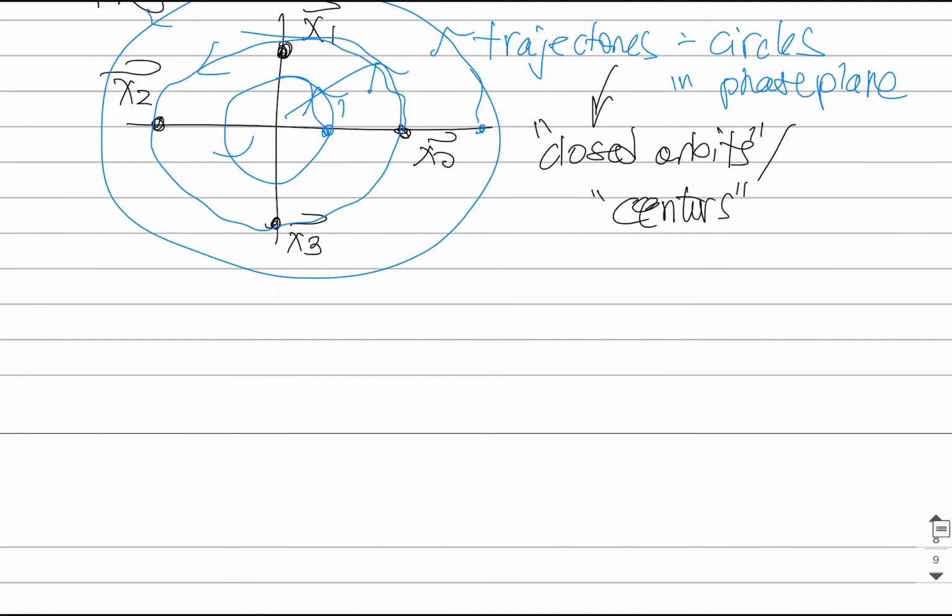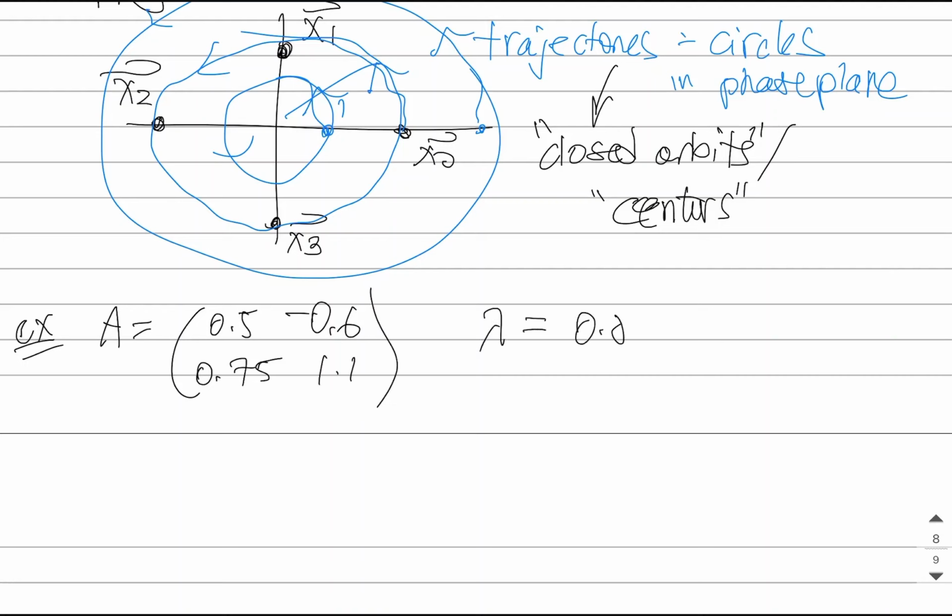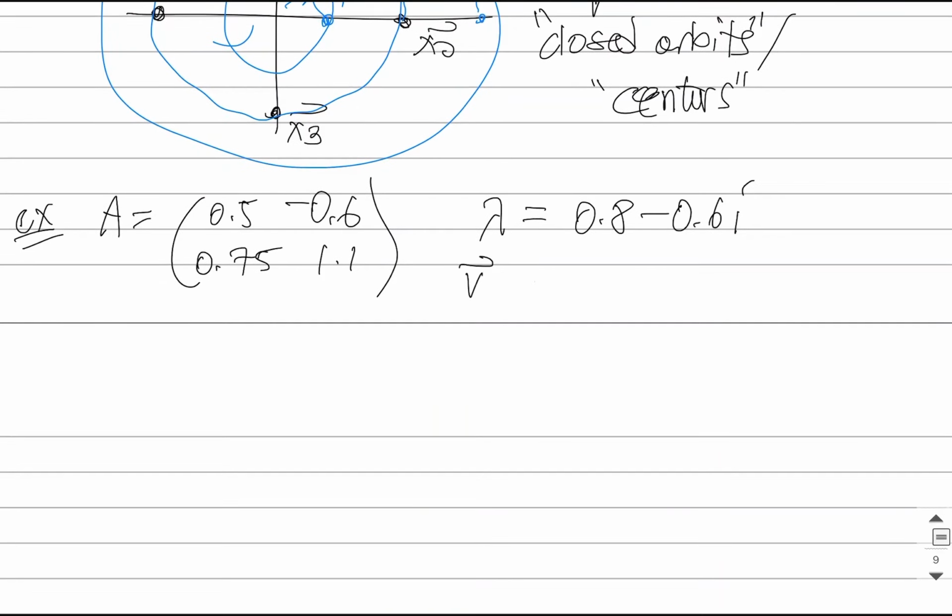Now, in the other example that we did, we had 0.5, negative 0.6, 0.75, 1.1. We found that the eigenvalue was 0.8 minus 0.6i. The eigenvector in this particular case was negative 2 minus 4i and 5.